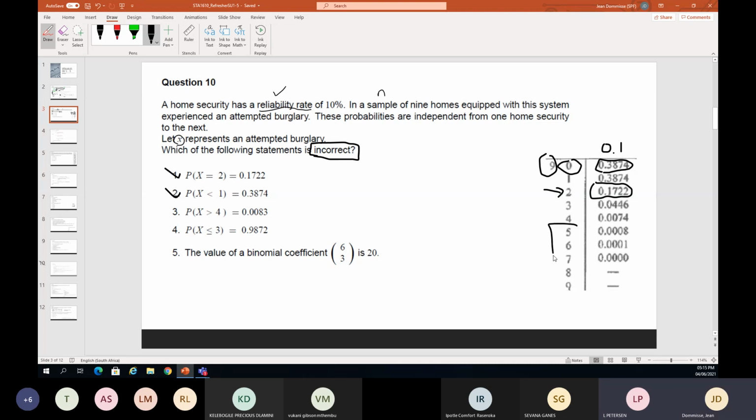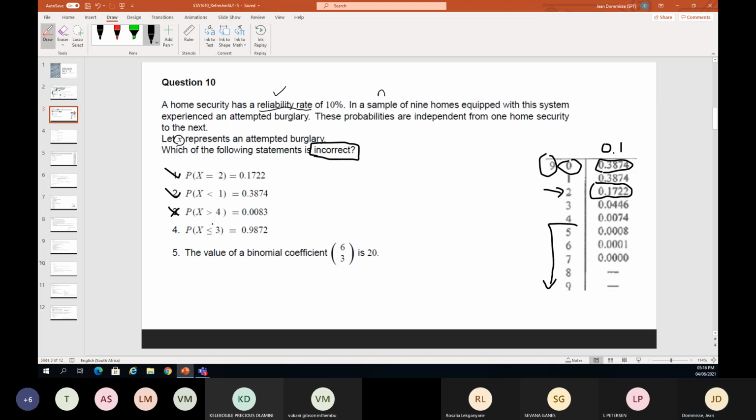Okay, then we see 5 and 6 together is 0.00009. So that is probably my incorrect one. But let's just look at the others as well.